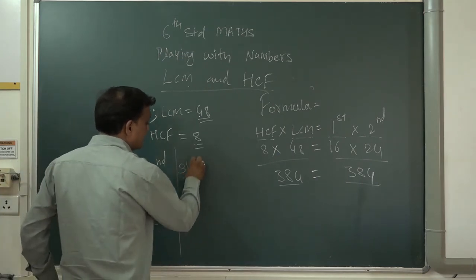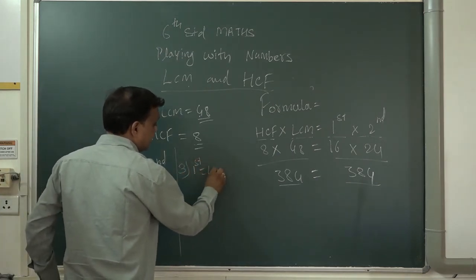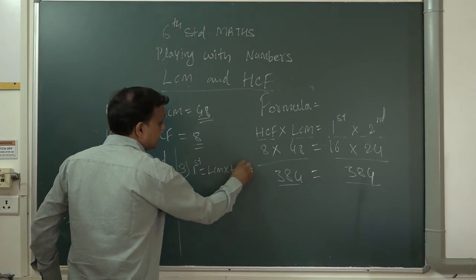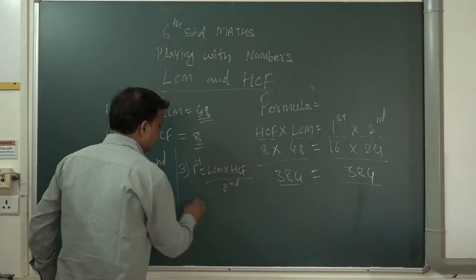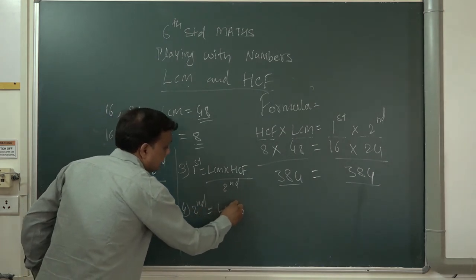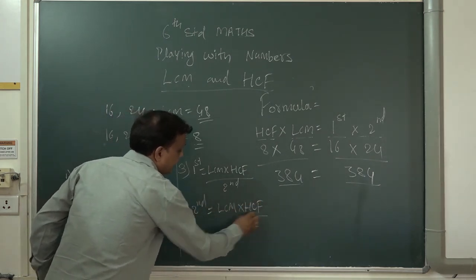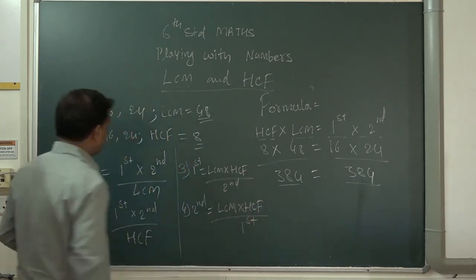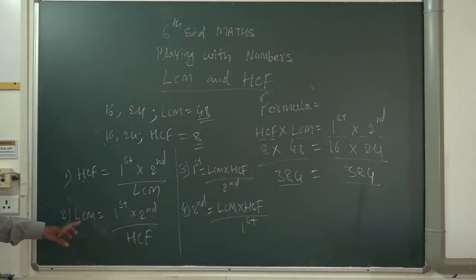When the first number is not given, then LCM multiplied by HCF divided by second number. And when the second number is not given, LCM multiplied by HCF divided by first number. So these are 4 formulas.